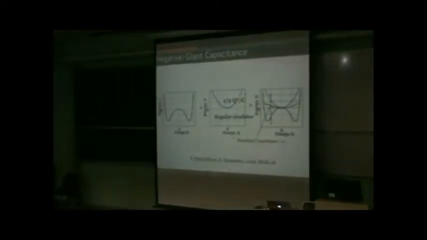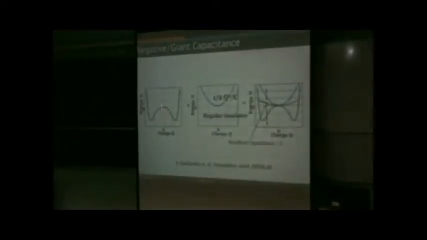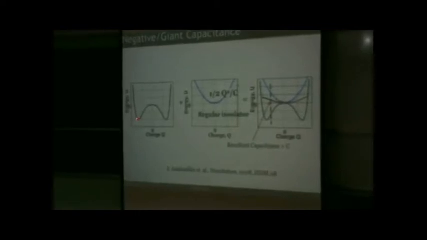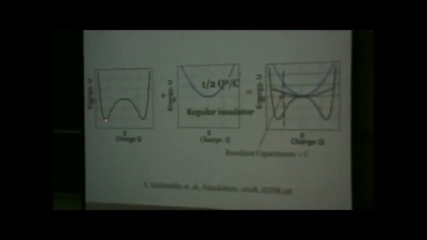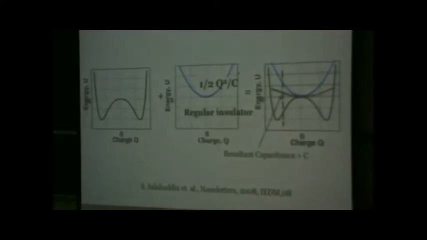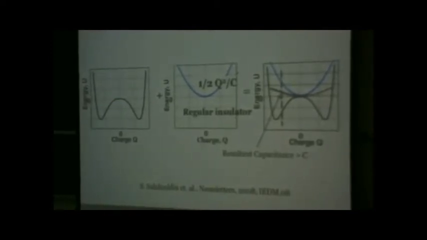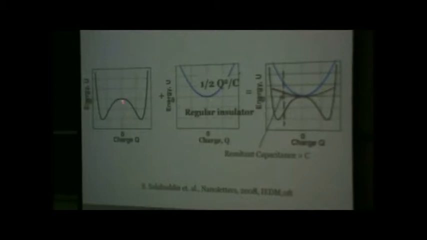So the thing is, if I can actually create a situation that the ferroelectric, rather than sitting in this minimum energy position, sits here, it will give me a negative differential capacitance. Except the problem is this is not the minimum energy position, so if I put it here, it will try to fall down.